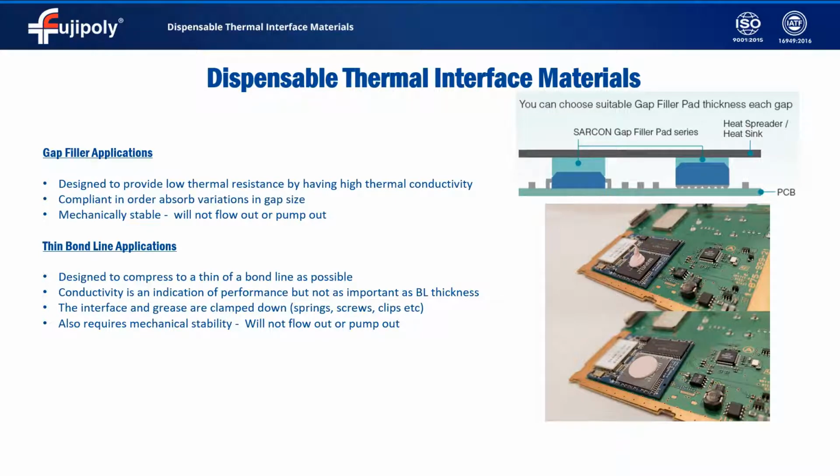The material should be easily spreadable but stable enough to prevent pumping out. In either case, material performance and durability is important, so Fuji Poly can provide test results which include testing of thermal resistance, thermal conductivity, viscosity, compression loads, and durability to heat shock, low and high temperatures, and high humidity over time.